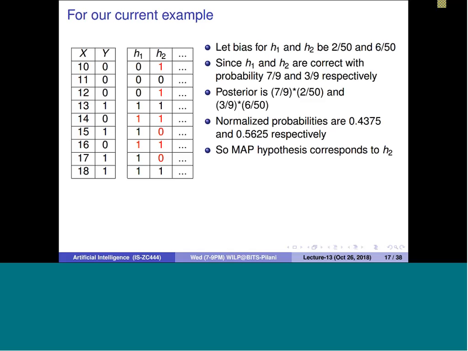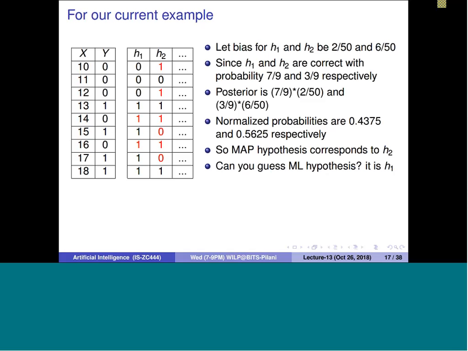Otherwise, if I say that no, I'm not going to consider anything from outside, whatever I'm seeing in the data is only important, then I'm going to search for the ML hypothesis. And what is the ML hypothesis? It is H1 because you see the probability of that particular thing: 7 by 9 is greater than 3 by 9.